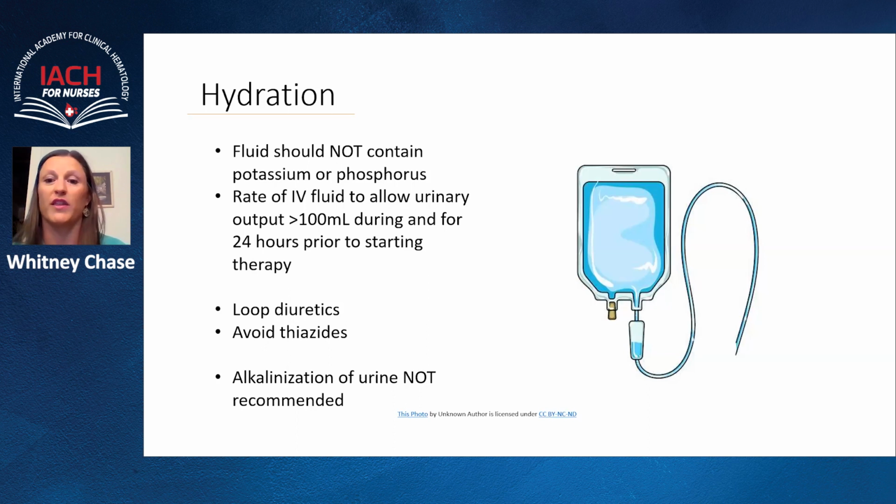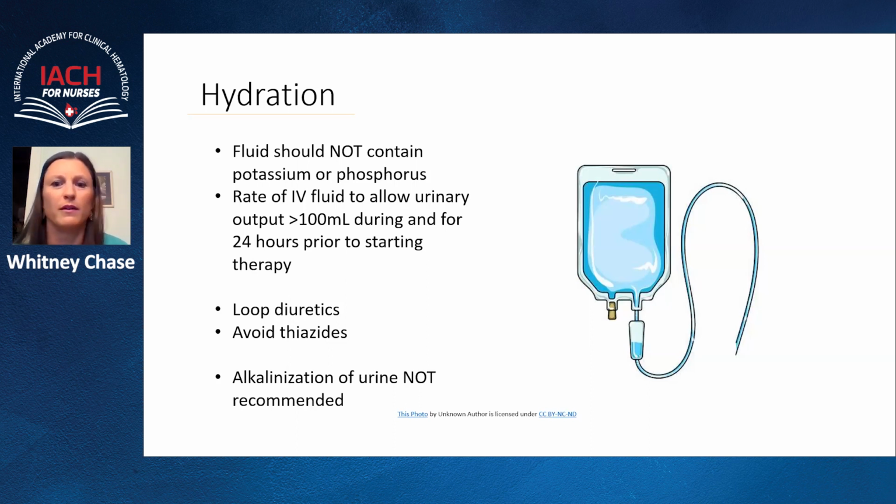So in patients with high to intermediate risk of TLS, we want to keep urinary output greater than 100 mLs per hour for 24 hours before starting chemo, if that's possible, and throughout the duration of treatment. If urinary output lags, loop diuretics are recommended with continuation of the fluid.